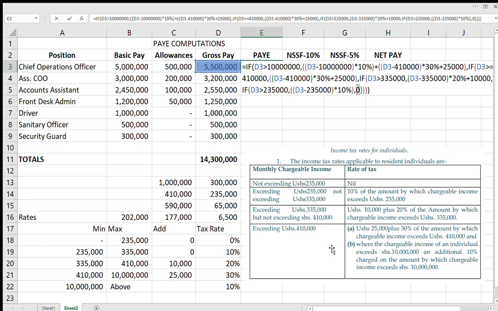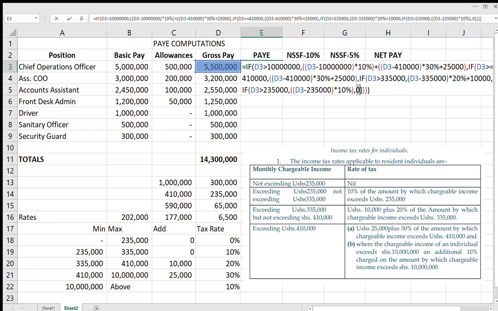Nothing will be added. The other person can just say, instead of putting an if situation, this is the only one remaining, you can just say 0. Otherwise 0. Nothing, because you are not going to add anything. You can just say comma 0. Then after that you enter.